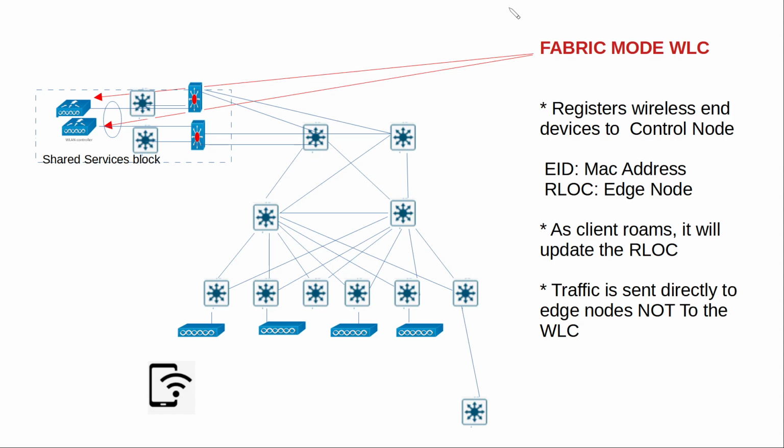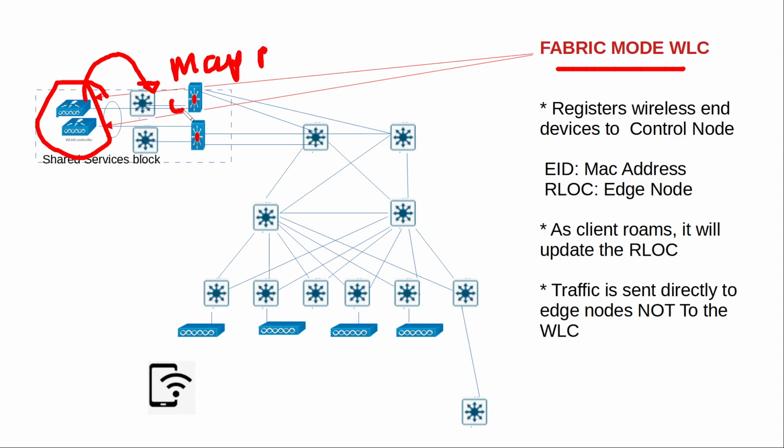So what we're going to talk about now is the biggest difference between the operation in fabric mode and traditional operation. In fabric mode, the wireless LAN controllers are in charge of sending map register messages to the control nodes in order to inform them where a wireless device is connected to the network.